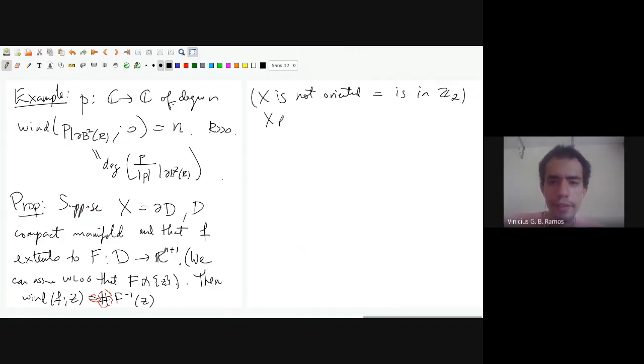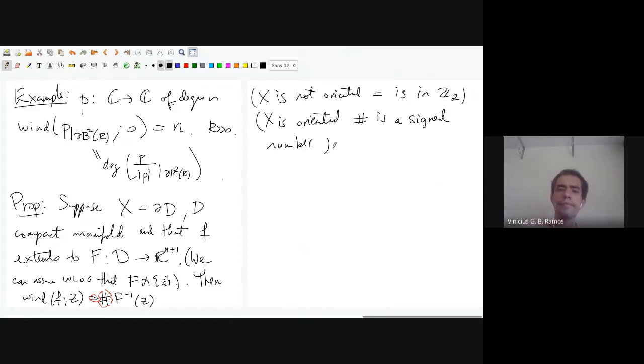And if X is oriented, then this number is a signed number. So I'm not just counting all the points, but I'm counting all the points with signs. Some points count positively and other points count negatively. And the proof is basically the same. So I'm not going to do two proofs, but I'll just point out where the signs come in.